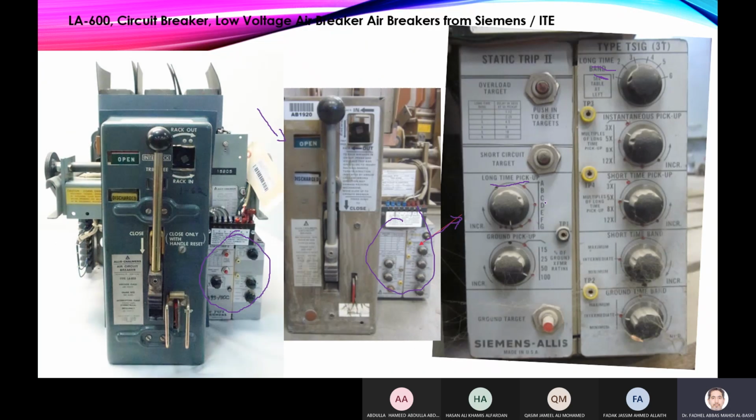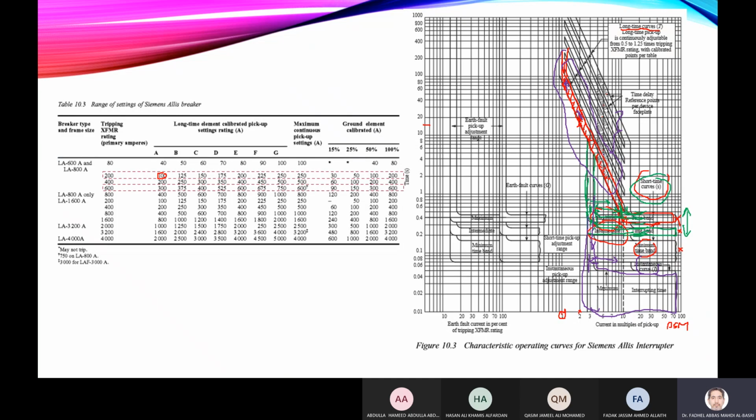So this is the long time pickup, and this is the long time band, which is the time. I can choose 1, 2, 3, 4, 5, 6 bands. I have 6 bands for the timing.